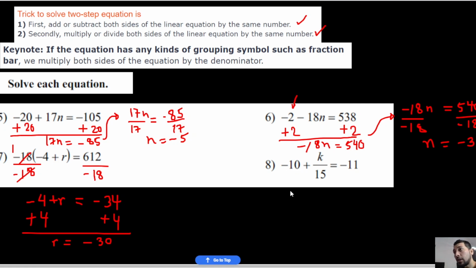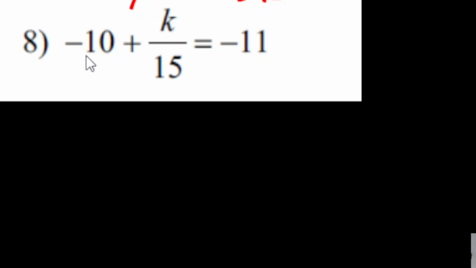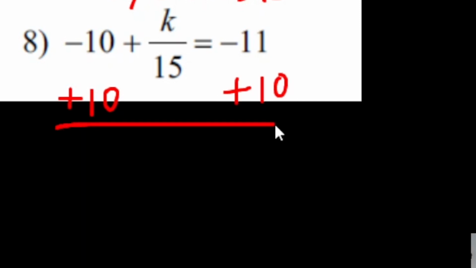So here, we'll follow the general strategies first. We first add or subtract this number. Here I can see that I have a negative sign in front of 10, so I can add 10 on both sides. If I do add 10 on both sides, I have k over 15.